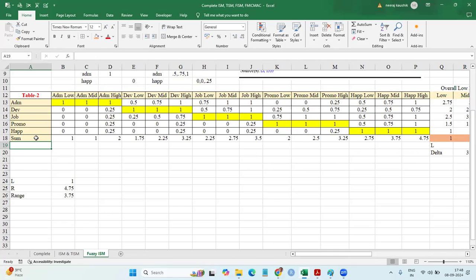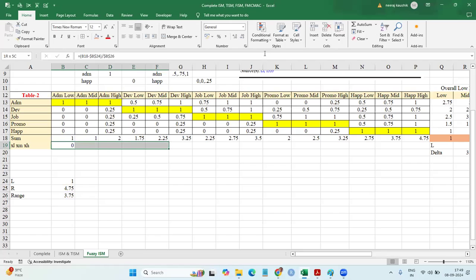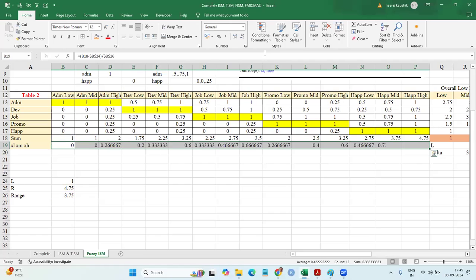So this is XL, XM, and X high. We are computing. What is the formula? It is equal to this sum minus the low number, overall divided by the range. Now these will all be rescaled.